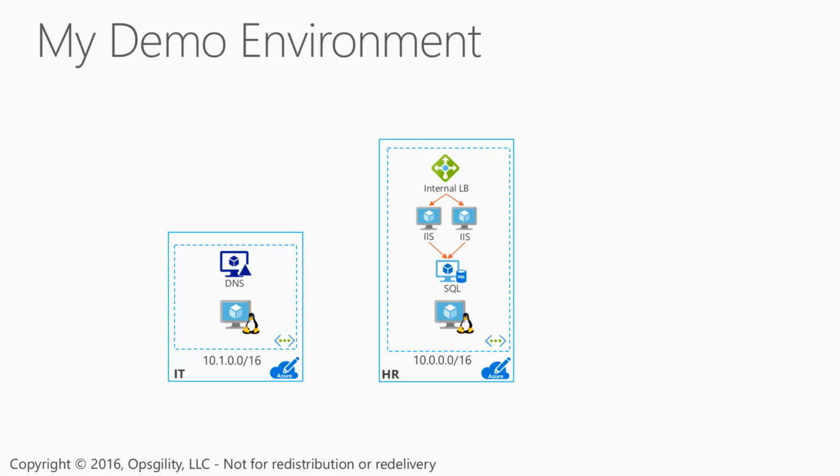And then in the HR subscription, I have a single virtual network, and I also have a load-balanced website that's deployed on infrastructure as a service VMs, and that is balanced with an internal load balancer at the top. The traffic is balanced to the two IIS servers. Now those IIS web servers need that SQL server because this website requires the use of SQL. And then lastly, I have a Linux VM deployed in that virtual network as well.